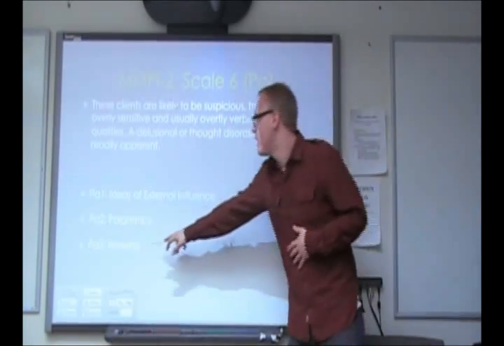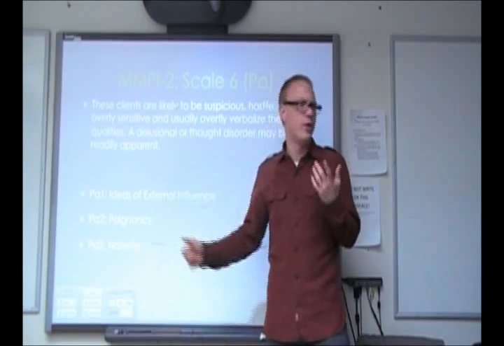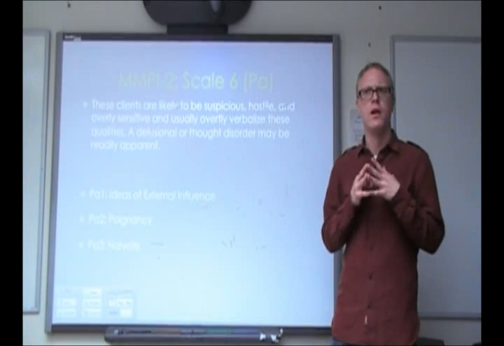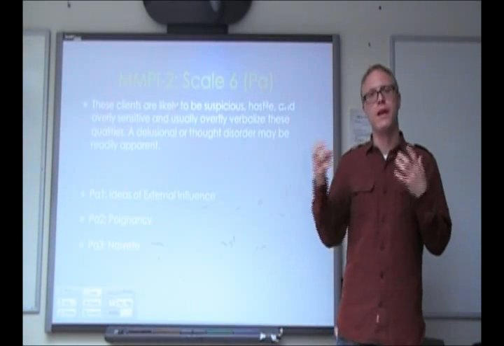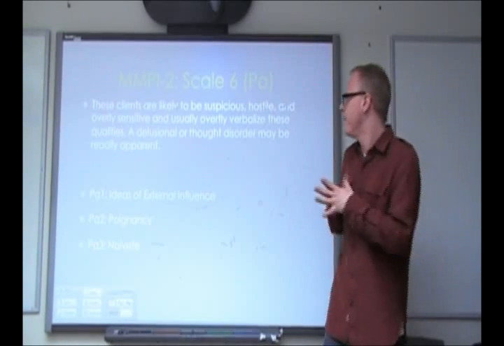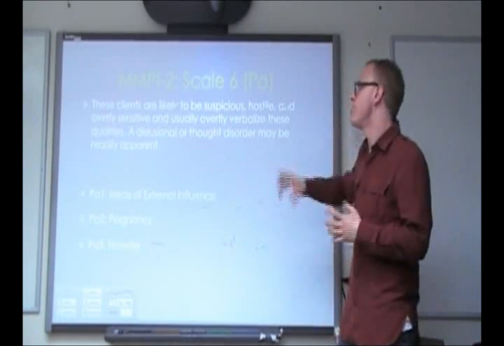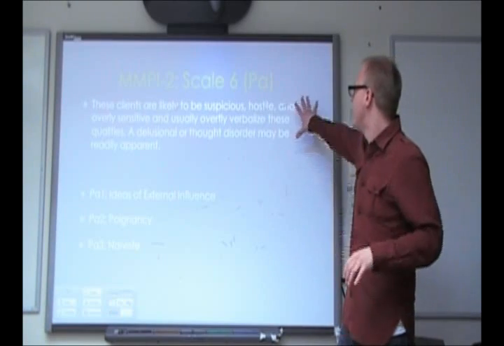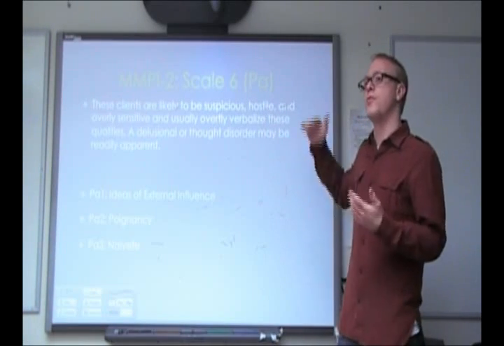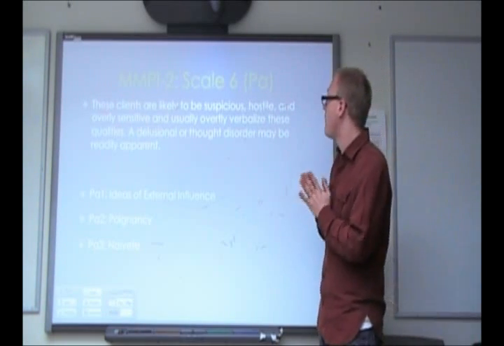Naivete would be sort of like reality testing, and poignancy would be sort of the intensity of these things. Again, you don't really have to know these. I'm putting them together with this just because it often helps to elucidate what this means.